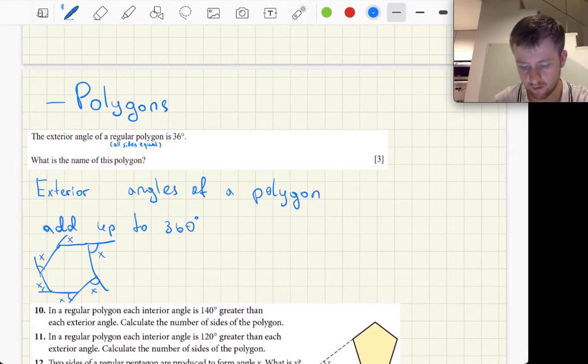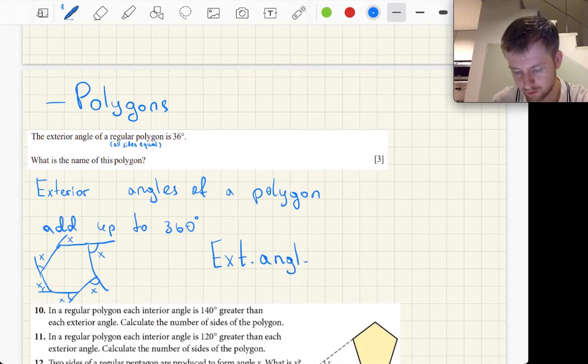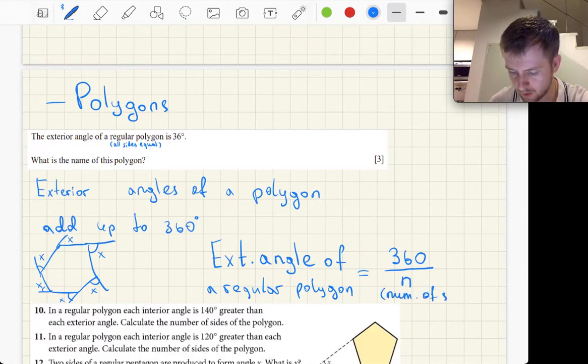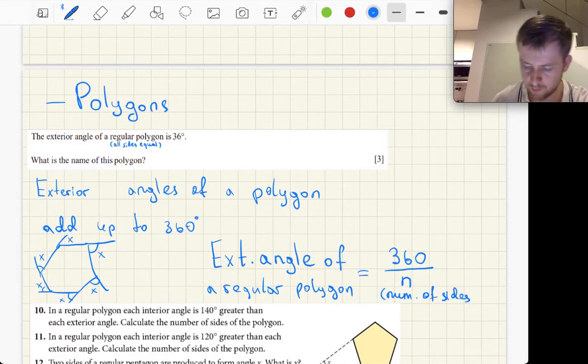So that means that to find one single external angle of a regular polygon, all we have to do is 360 divided by n, where n is the number of sides of this polygon.